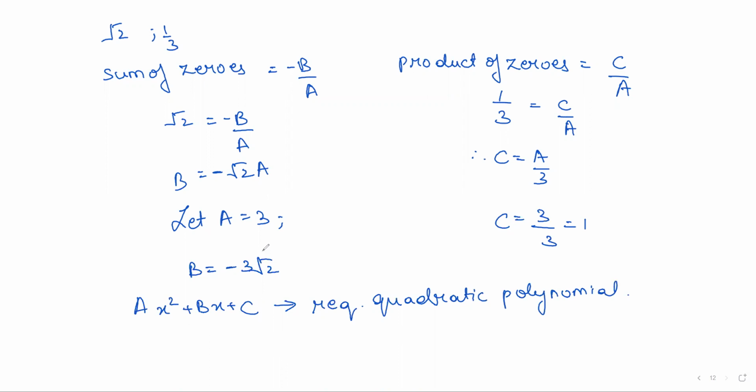Where a value is 3, x square minus 3 root 2x plus 1. This is your required expression. Now, this much answer is sufficient. If you write this is your required quadratic polynomial, it's sufficient. In a general form, based on the given values, you can multiply this by k. Either of the two answers are correct.